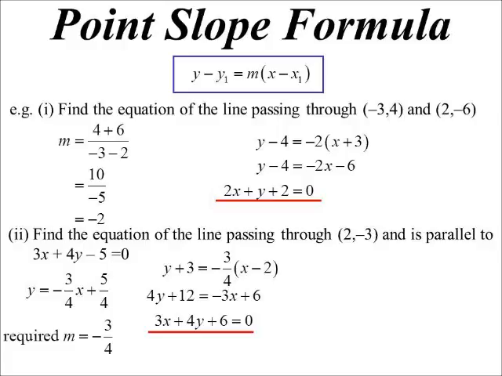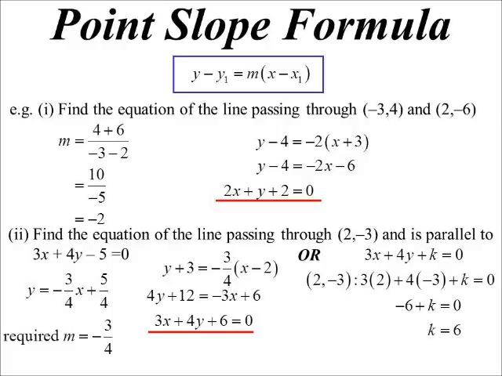So knowing that, what I could have said was, well, if it's parallel to 3x plus 4y minus 5, then it must be in the form 3x plus 4y plus something equals 0. I just got to work out what that thing is. Well, we know a point on the line, 2, -3, so if I just substitute that point in, I can work out what the k is. The k is 6. And there's the equation of our line.